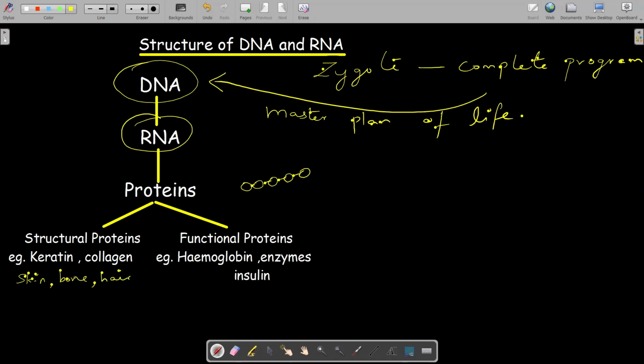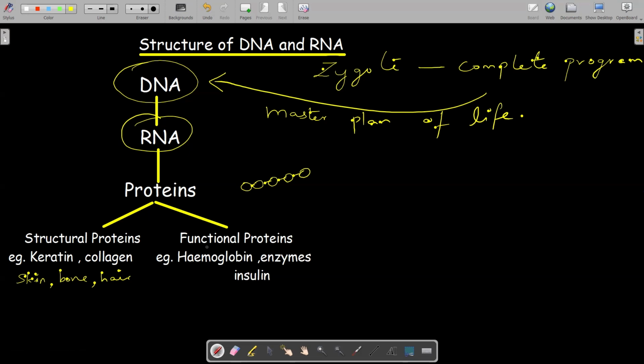A few examples are keratin and collagen. And there are functional proteins, which do certain functions, like hemoglobin, which carries oxygen, enzymes, which are biocatalysts, and insulin, which is a hormone.